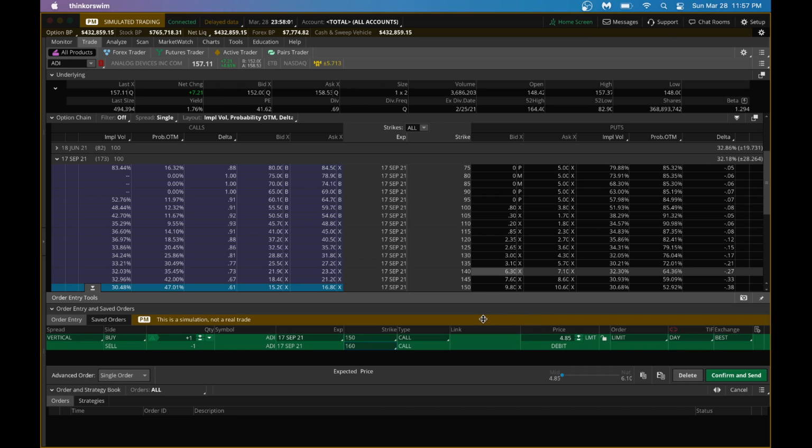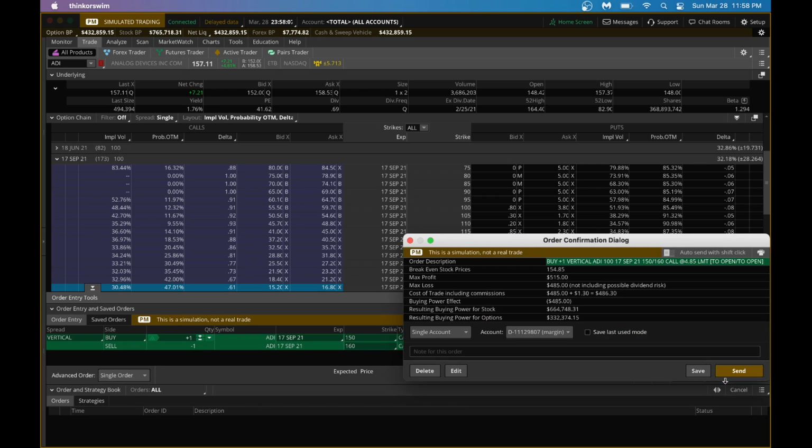If the stock goes above 160 by the expiration time, I don't need to wait till expiration. I could close it out in between also. As you can see here, if the stock stays above 154, which it already is by this expiration date, we'll make money. The maximum profit is 515, and the buying power effect is whatever we are paying right now, 485.